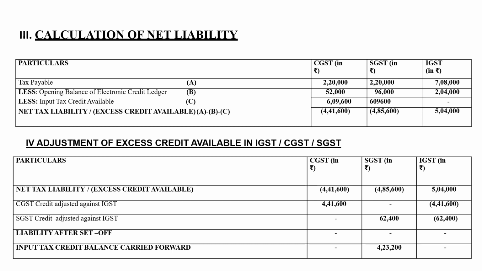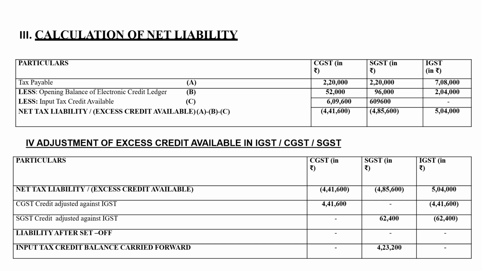We are left with 5,04,000 minus 4,41,600, which is 62,400. Then we'll adjust it with the SGST credit against IGST. So now we don't have any liability. Whatever liability was there in the IGST, we adjusted with the credit balance available in CGST and SGST.